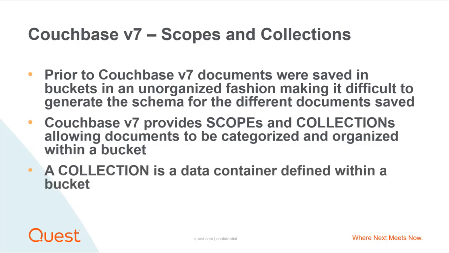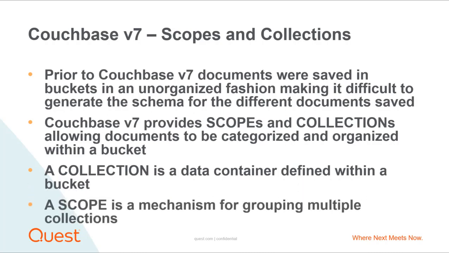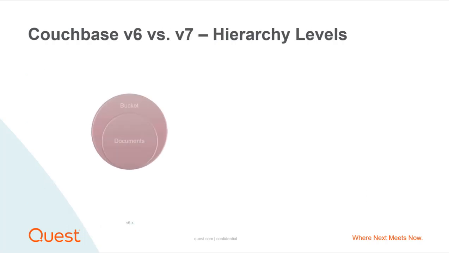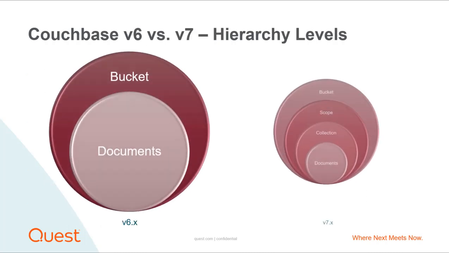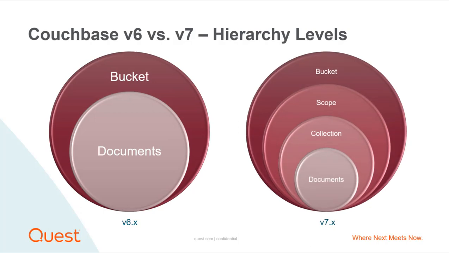A collection is a data container within a bucket, and a scope is a mechanism for grouping multiple collections. This is a graphical depiction of the existing Couchbase v6 and the new Couchbase v7 hierarchical support for documents.